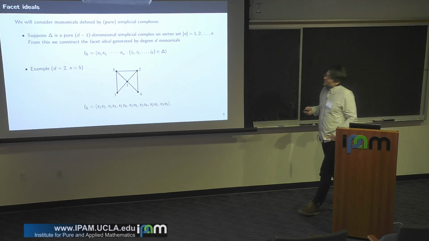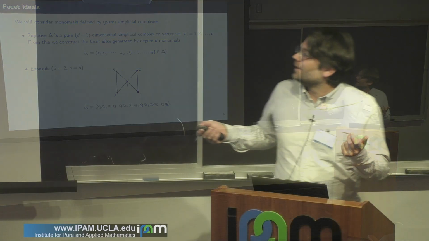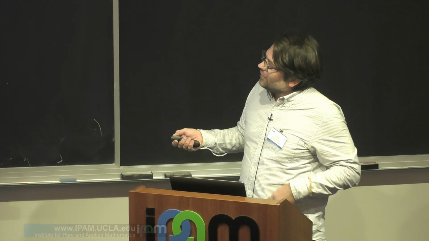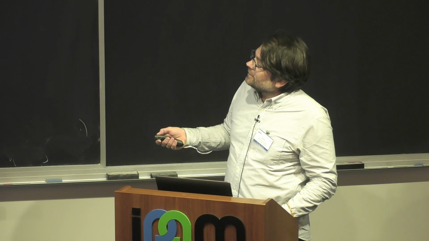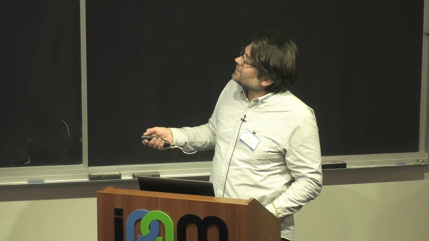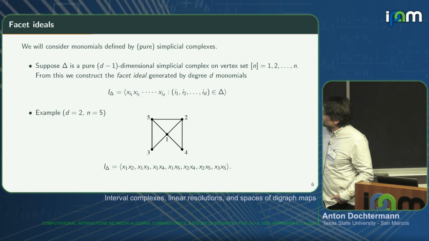I really only care about the facets, so you can think of this as a collection of d-subsets. Then there's the facet ideal, which is, for every facet, I should have a d minus 1, so I'm good. So this is going to be a facet of that complex.